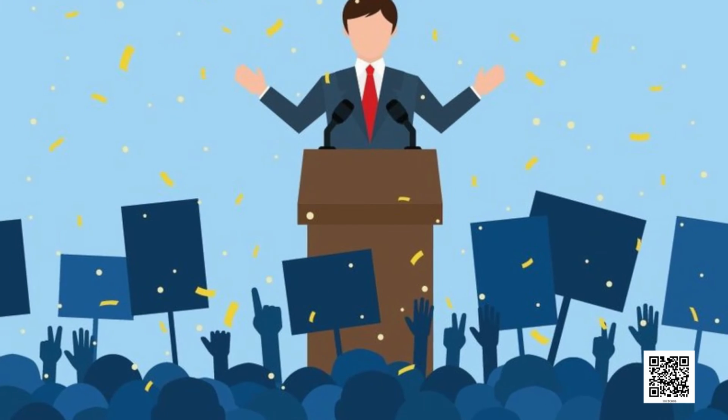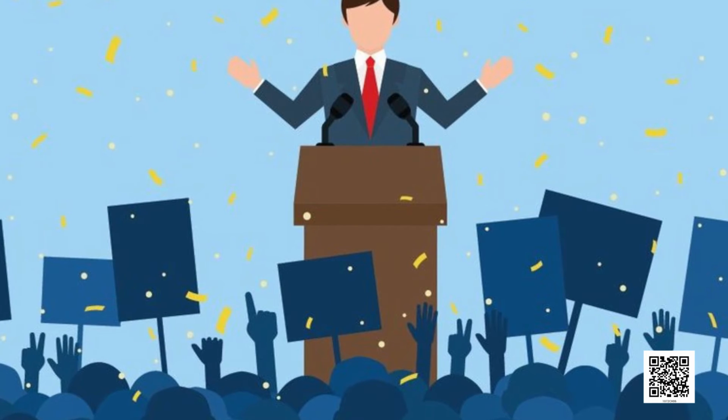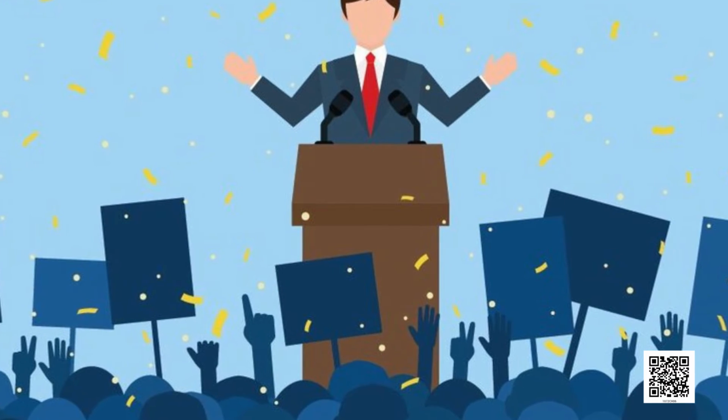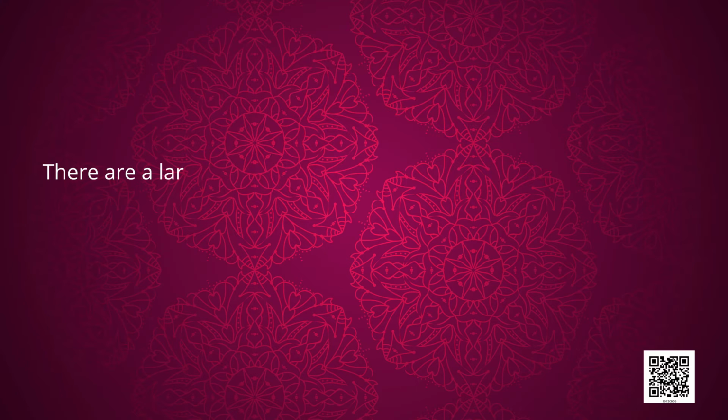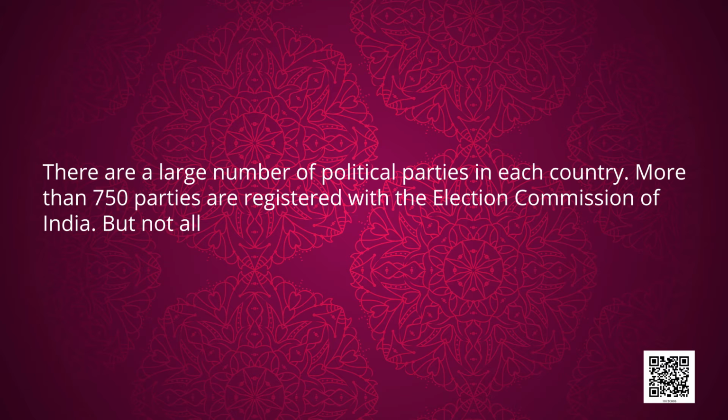Children, in a democracy, any group of citizens is free to form a political party. In this formal sense, there are a large number of political parties in each country. More than 750 parties are registered with the Election Commission of India.